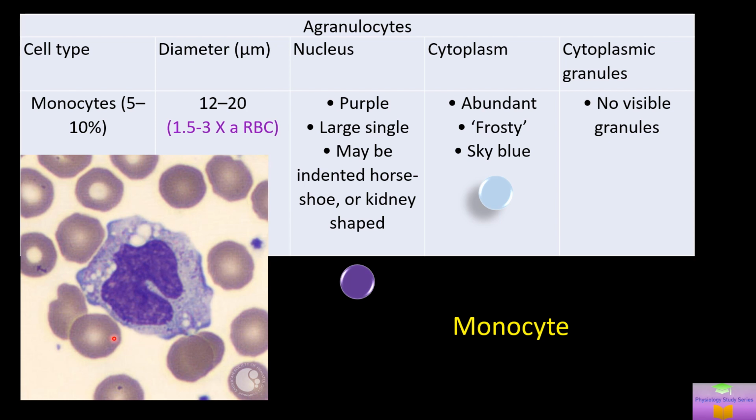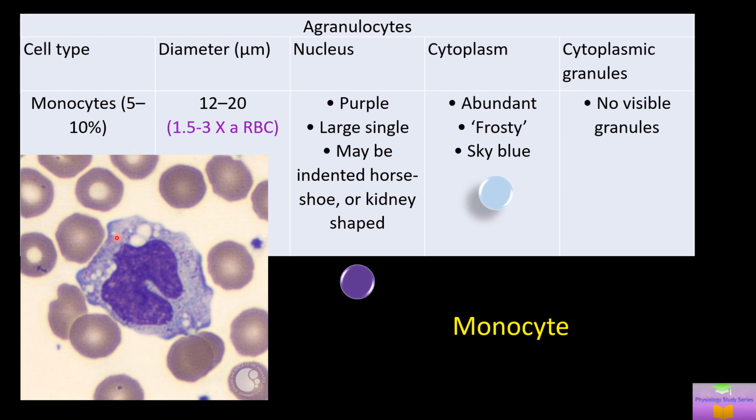The cytoplasm of the monocyte is abundant, frosty in appearance, sky blue in color, and it has no visible granules. The percentage of monocytes in the differential leukocyte count is 2 to 8% or 5 to 10% among all WBCs.